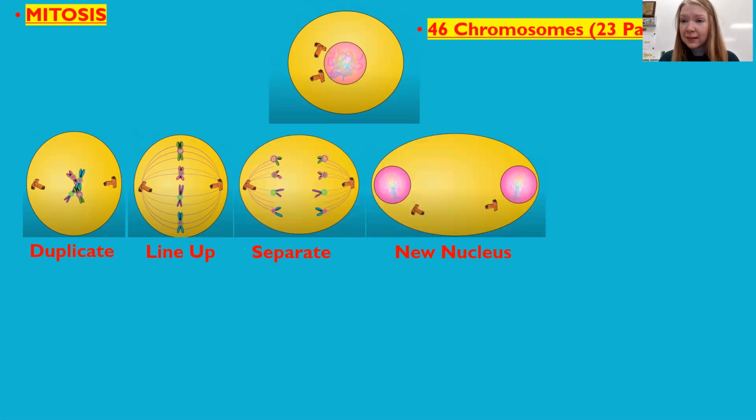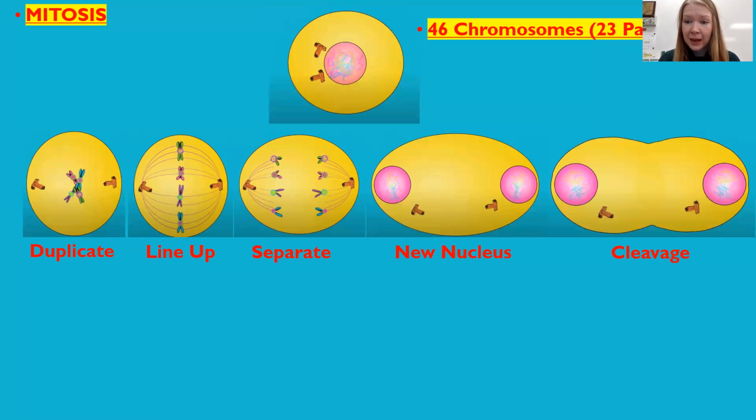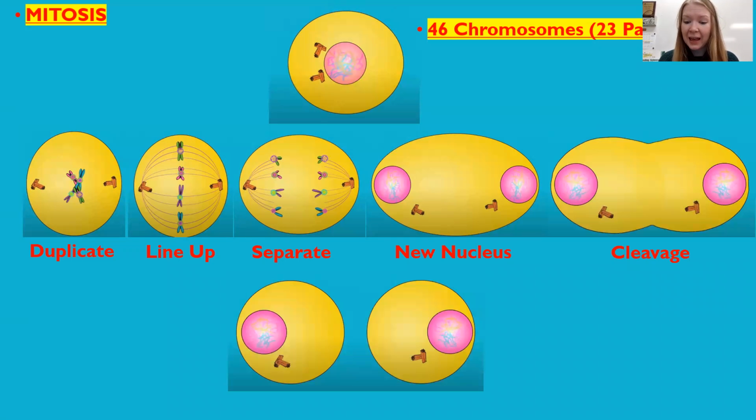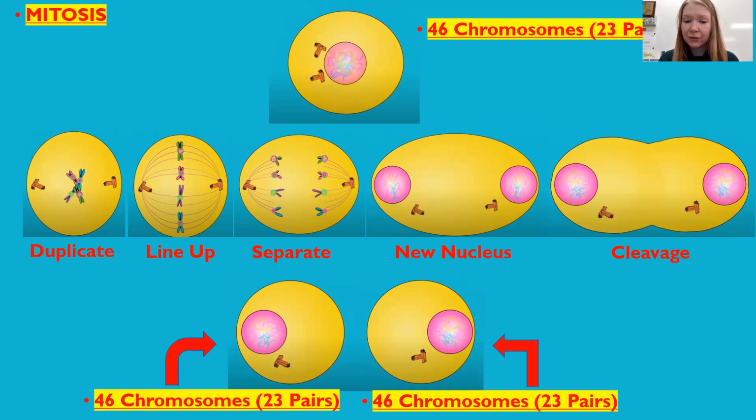A new nucleus is then formed over these duplicated chromosomes, and then they start to split, and at the end, you're left with two cells that are identical to one another, and they have 46 chromosomes each, or 23 pairs. The parent and daughter cell are the exact same. That's the key part here.